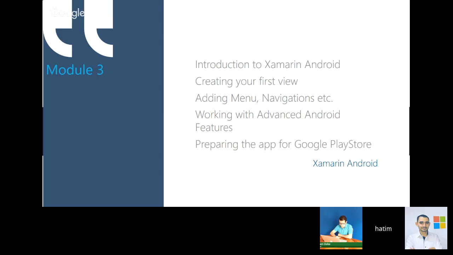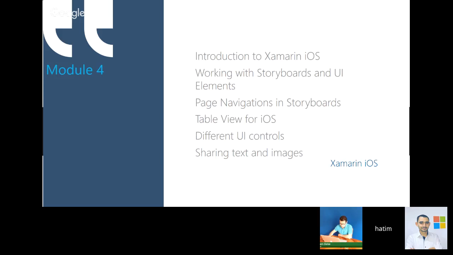In the later part of the module, you will come to know how to work with advanced features of Android, such as hardware sensors, camera, and different navigations. And the last part helps you prepare the application you have built and upload it to the Google Play Store.